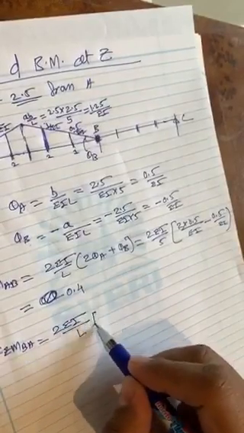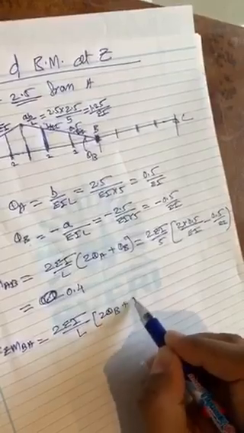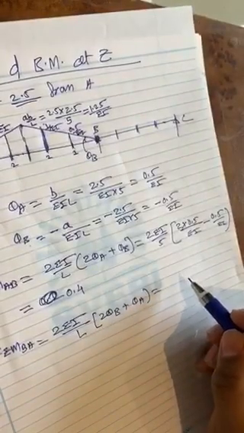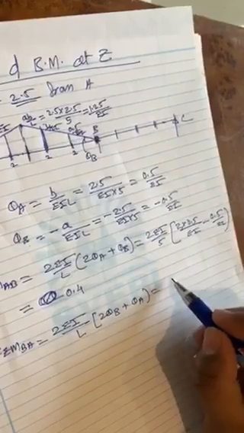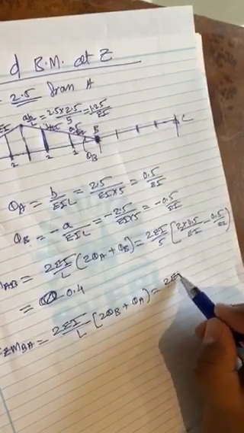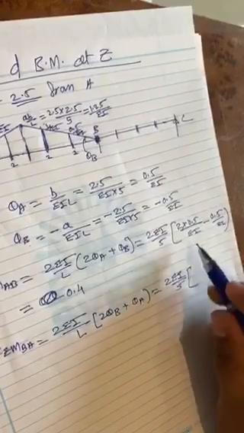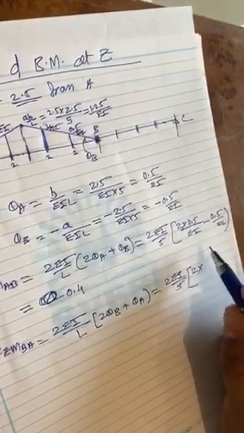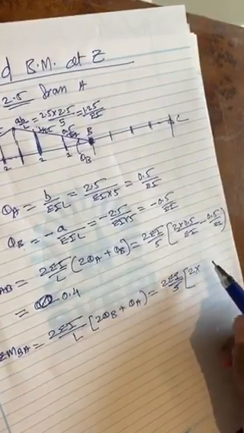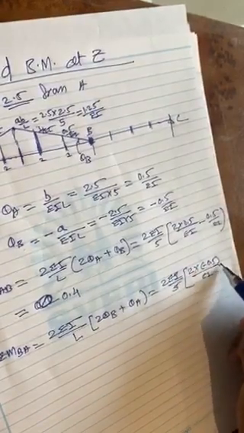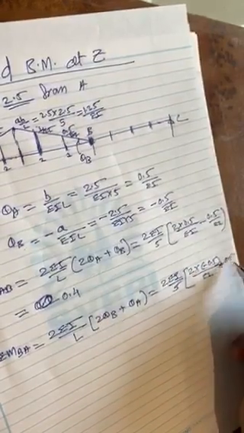And similarly FEMBA will be 2EI by L into 2 theta B plus theta A, and this comes out to be 2EI by 5 in bracket, 2 into minus 0.5 divided by EI plus 0.5 by EI.